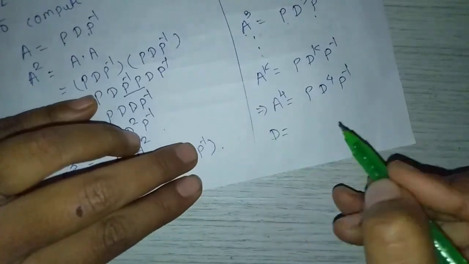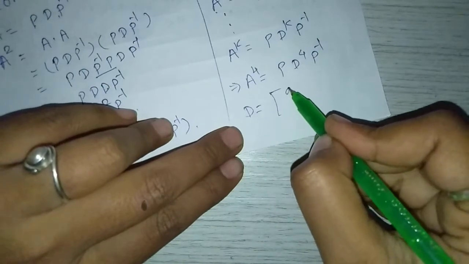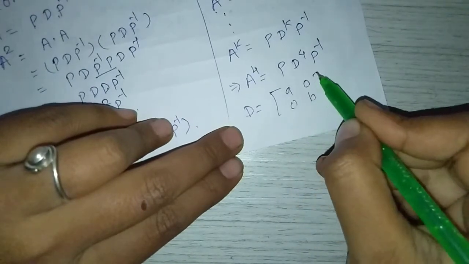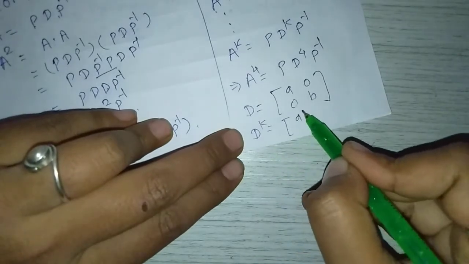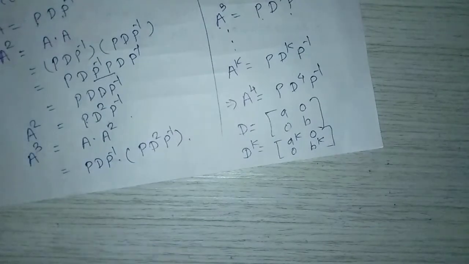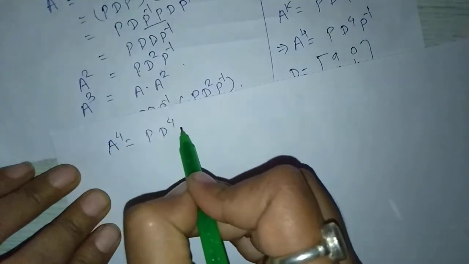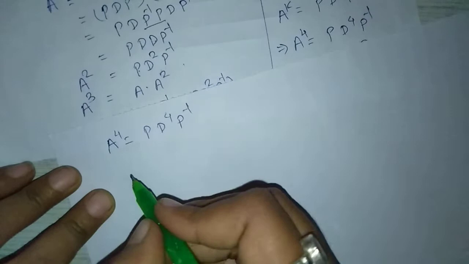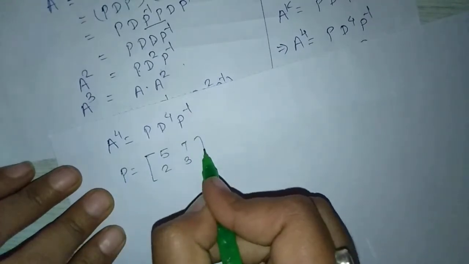Here D is a diagonal matrix, here a 2 by 2 matrix, so a diagonal matrix like this, a 0 0 b. So D raised to k is nothing but a raised to k 0 0 b raised to k. That means A raised to 4 equals P D raised to 4 P inverse. P is 5 7 2 3.